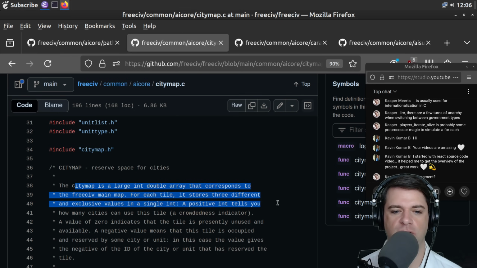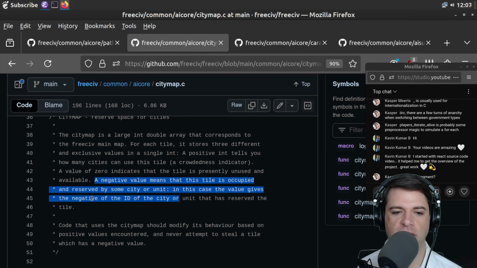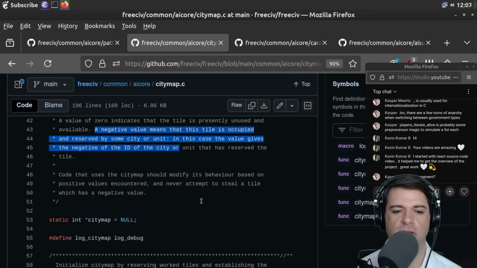For each tile, it stores 3 different and exclusive values in a single int. A positive int tells you how many cities can use this tile, a crowdedness indicator. A value of 0 indicates that the tile is presently unused and available, and a negative means that this tile is occupied and reserved by some city. In this case, the value gives you the negative of the ID of the city or unit that has reserved the tile.